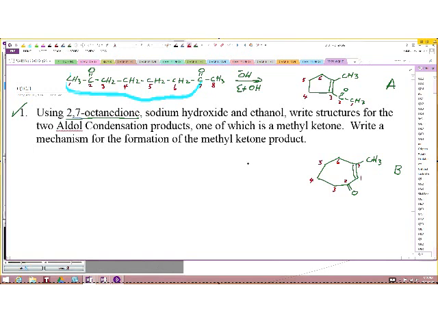Okay, now they also ask you to give the mechanism for this product here, the methyl product. Okay, so let us do that. So the products will be A and B. Everybody agree? Now let us take a look at the reaction mechanism.